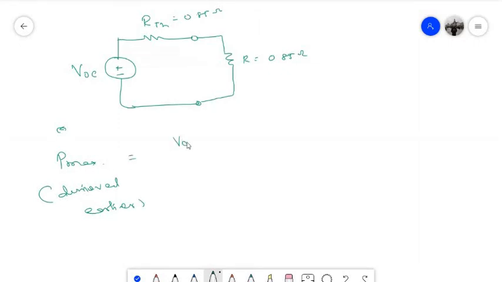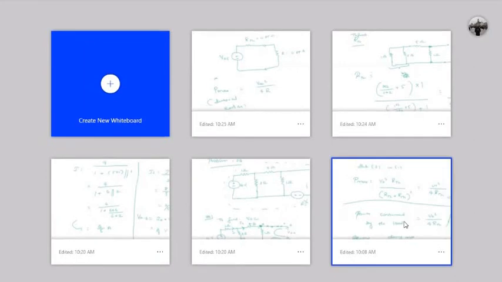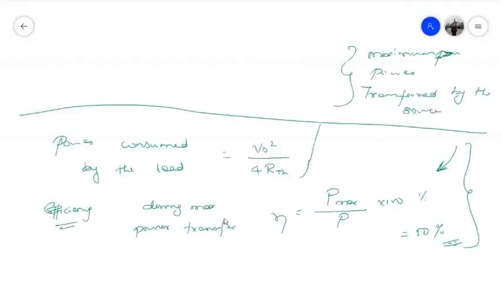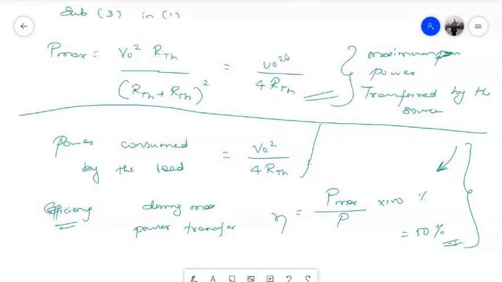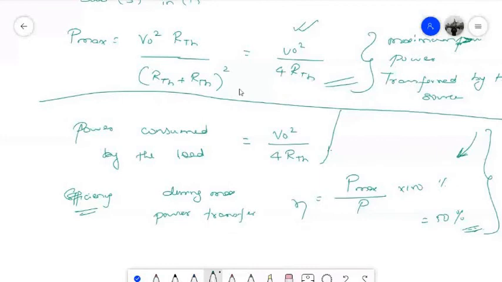So this will be VOC square divided by 4 times R. So this equation we have already derived, and this is what I have used there.